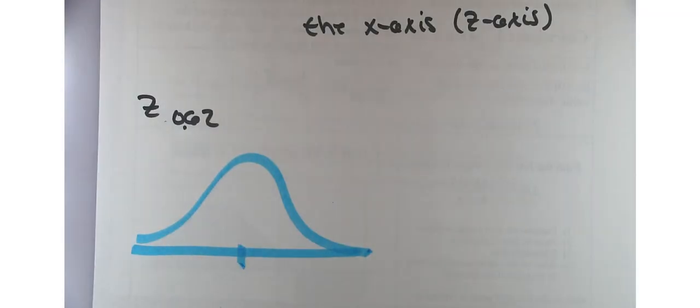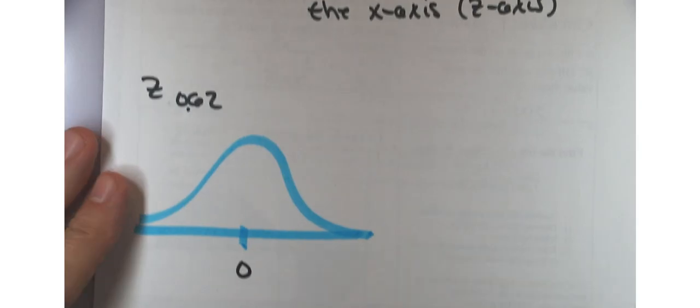Got my 0 here. I want you to think for a second about where we should put this value. Am I going to write it to the left of 0 or to the right of 0? Where is this going to be, that Z sub 0.62?